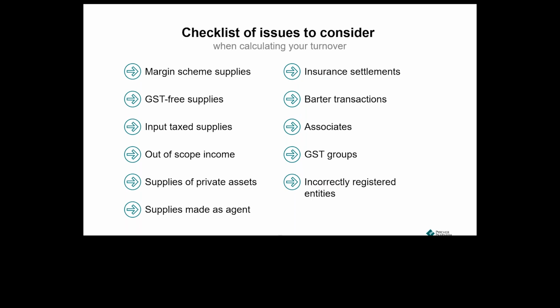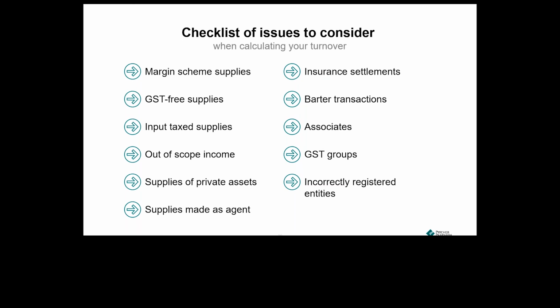However, for GST turnover purposes, the full sales price for that sale of the apartment is actually your turnover. So it's not just the margin on which GST is payable, although that is how you determine your GST liability on that sale. That is not your complete turnover for GST turnover and JobKeeper purposes. So you would need to adjust the figures to include the full amount of the sales price in respect of the relevant sales.